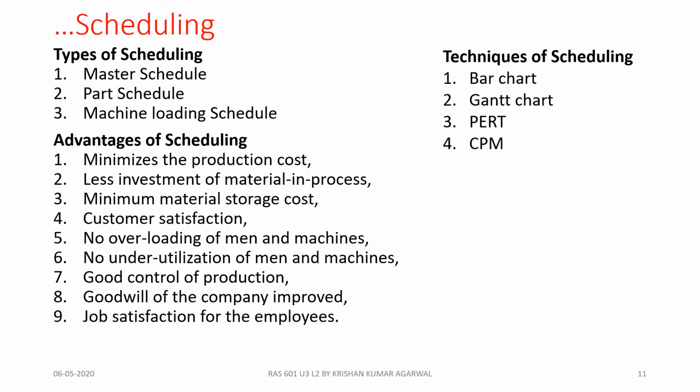No overloading of man and machine can be ensured by a proper scheduling technique. If the scheduling technique is proper, then there will be no chance of underutilization of man and machine. Good control of production. Scheduling helps to improve the goodwill of the company, and it also provides a kind of job satisfaction among the employees who are working in the organization.